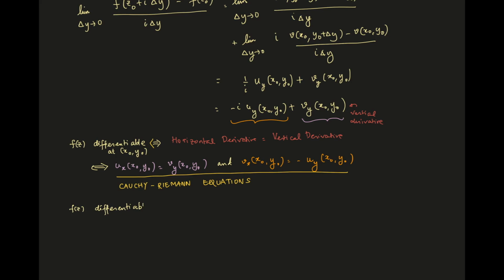And so what we just saw shows that if f(z) is differentiable at z equal to z naught, then the Cauchy-Riemann equations must be satisfied. Further, we can also say the following. If f(z) is differentiable, then the horizontal derivative must be equal to the vertical derivative. Then in order to calculate the derivative, it's enough to look at the derivative in any direction.